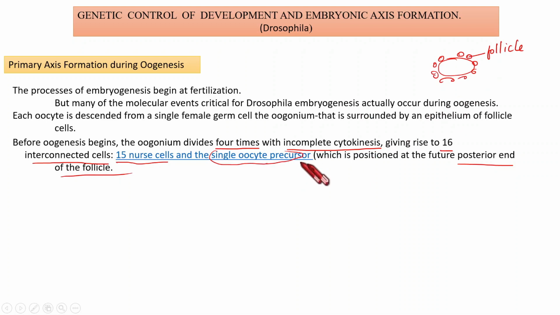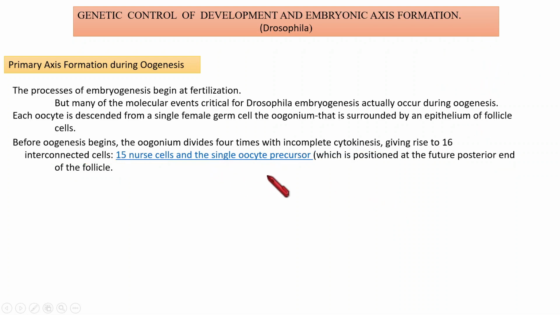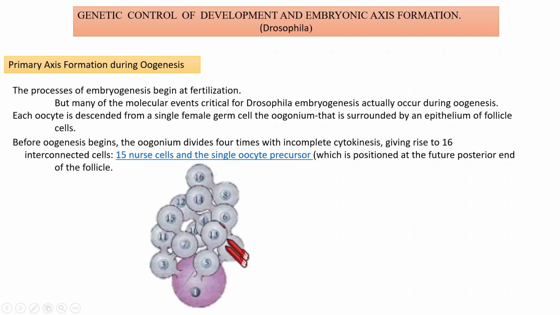That oocyte precursor is positioned at the future posterior end of the follicle. Suppose this is the posterior end of the follicle; so in that way it will be positioned. This is an image of the 16 cells, all connected to each other through their cytoplasm. That means whatever is present in the cells can come here and finally reach the oocyte precursor.